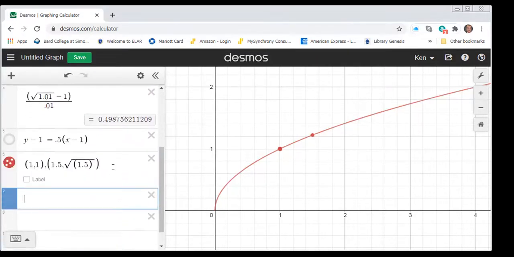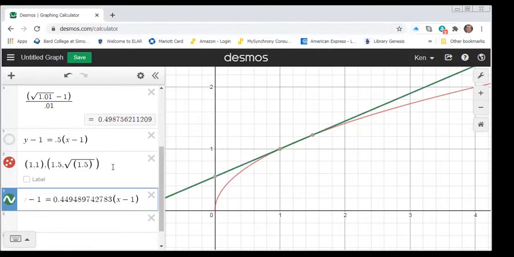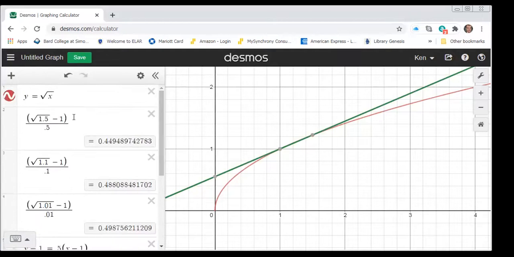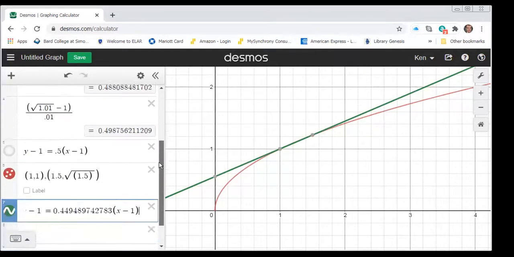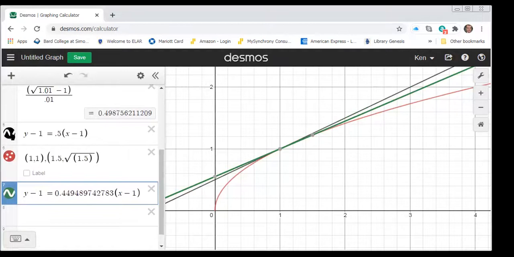So if I want the line that goes through (1, 1) and has that slope, it's pretty close to the tangent line. Let me show the tangent line there. It's pretty close to the tangent line.